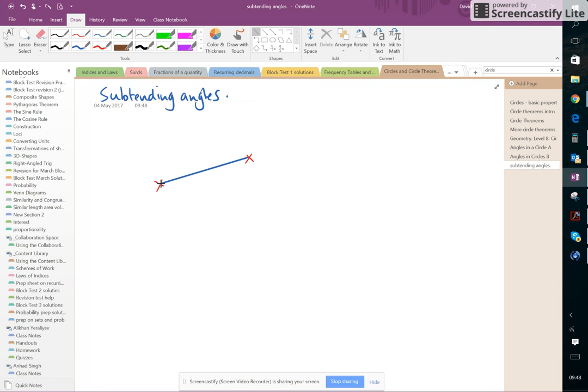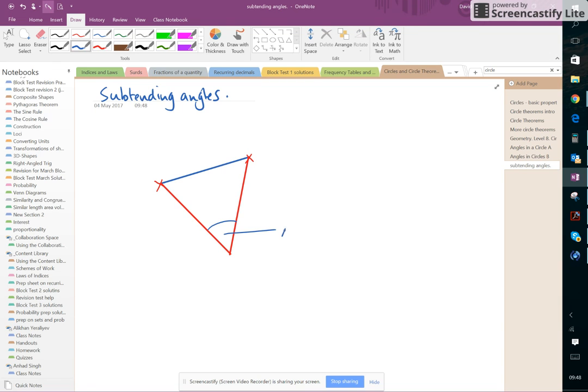Basically, what we create is an angle. So imagine we have our fingers on here and here, and we bring our fingers together into a single point, and we get down to this point down here. Then that is called the angle subtended by the line segment.